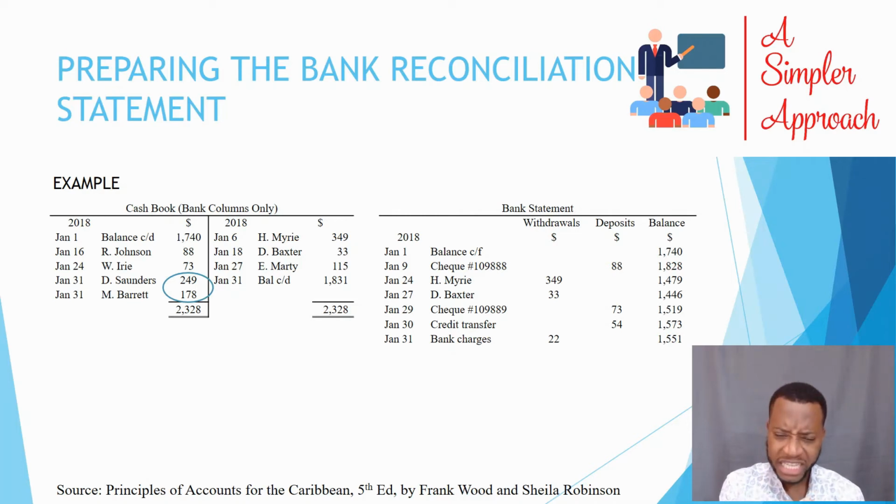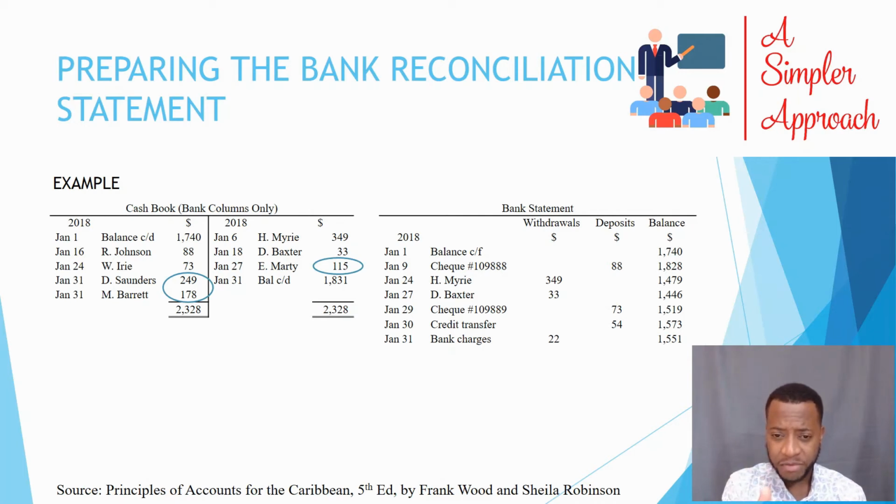Let's look at the credit side and match it with the withdrawals side of the bank statement. 349 is there. 33 is there. But 115 is not there. Okay? Cool. Let's jump over to the bank statement.